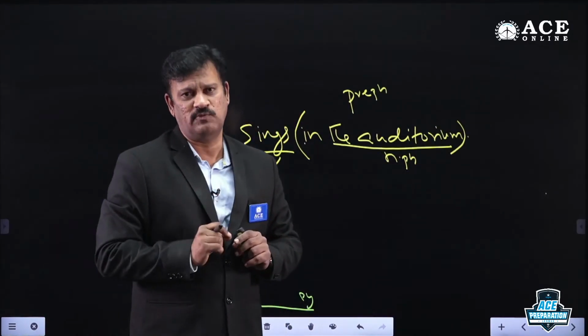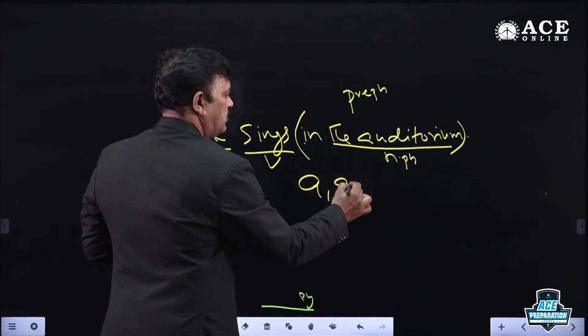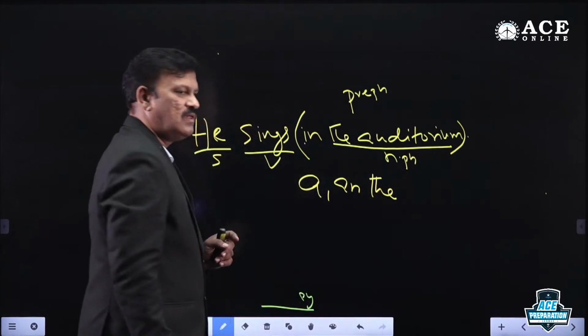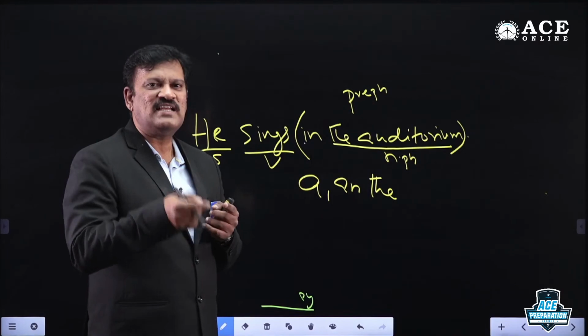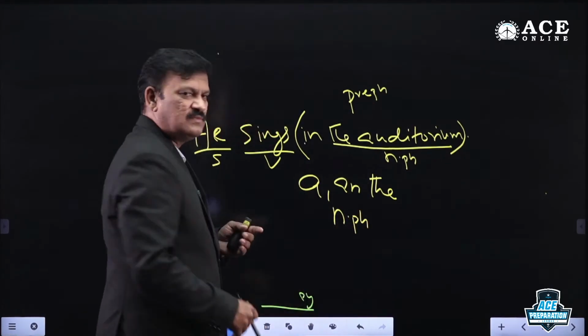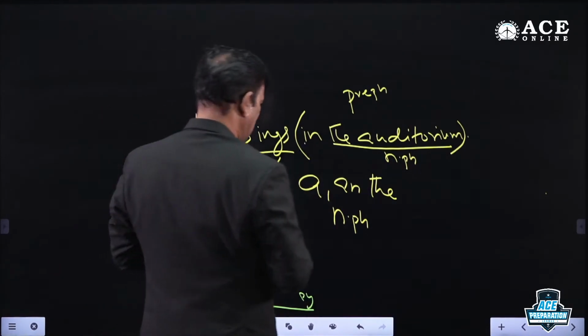Phrase within phrase. From here to here, prepositional phrase. From here to here, noun phrase. Here I want to give one tip. What are these? Articles. The moment you see an article in a sentence, you understand that is a signal that a noun phrase is beginning. That is the beginning of a noun phrase. That is one point to remember here.